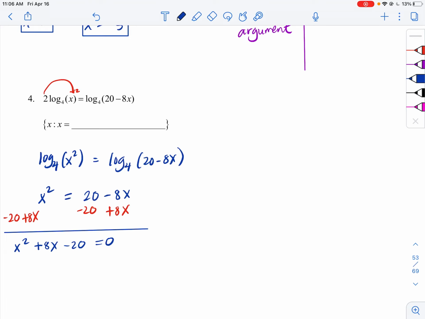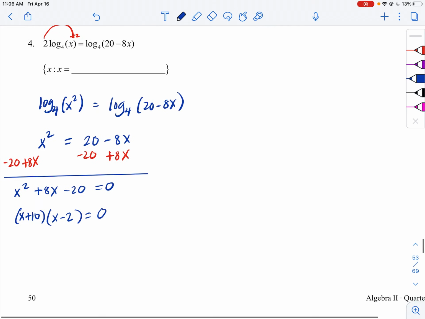Okay, is this factorable? Hopefully it is, so we don't have to worry about doing the quadratic formula. We're looking for two numbers that when we multiply, we'll get negative 20, and when we add, we'll get positive 8. Oh, not bad. That would be 10 and negative 2, right? 10 times negative 2 is negative 20. 10 plus negative 2, or 10 minus 2, is a positive 8.